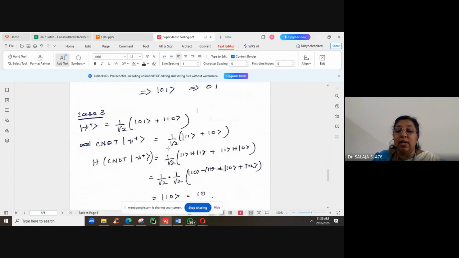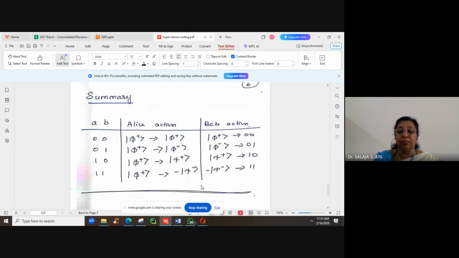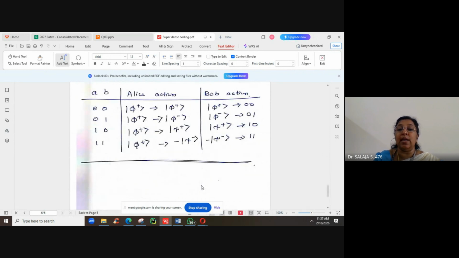For case 3, you perform a controlled NOT and then the Hadamard operation which results in 10 and the last one. So in general, if the value is AB from the Alice side, that is from the sender side, your psi plus would be converted to any one of the Bell states.